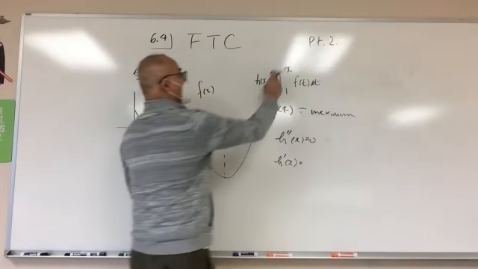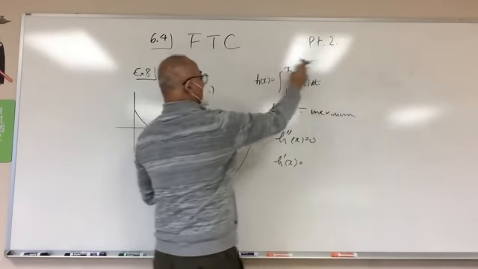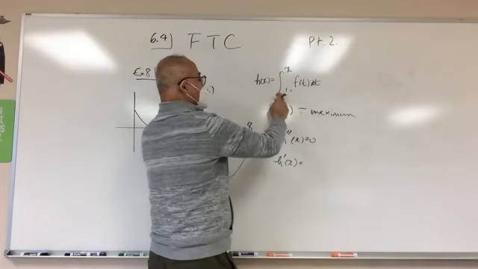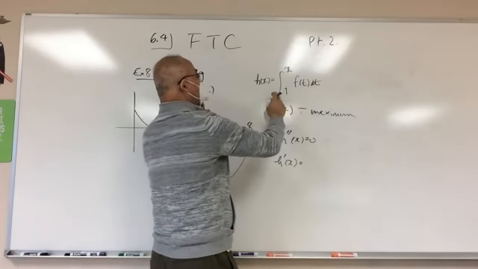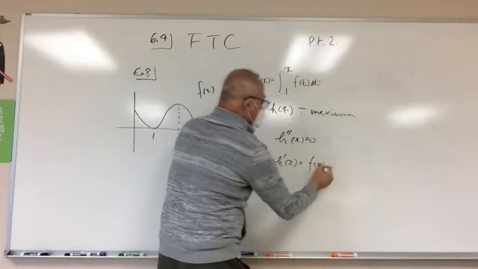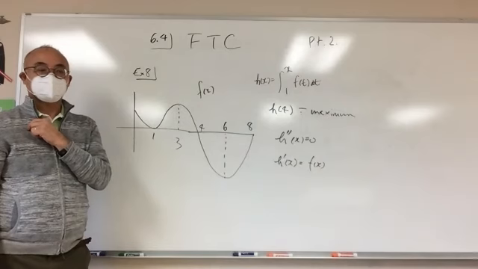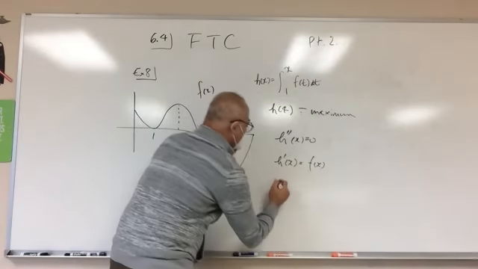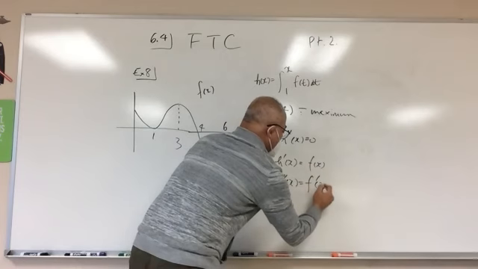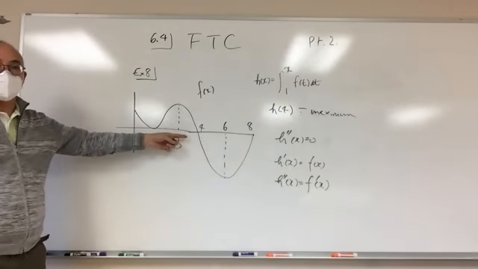I'm taking the derivative of this guy, right? This is FTC part 1. In part 1, remember when I took the derivative of this, this becomes f of x, right? But now I have to take another derivative. H double prime is going to be equal to f prime of x. So when does f prime of x become 0 here?